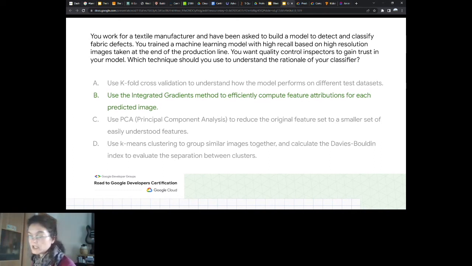Why is it not C? I know some of you fell into the trap. Principal component analysis is an unsupervised technique to reduce dimensionality. If I have, for instance, a problem with 100 features, I need to predict something using 100 features. So in the end you represent a space which is 100 dimensional.